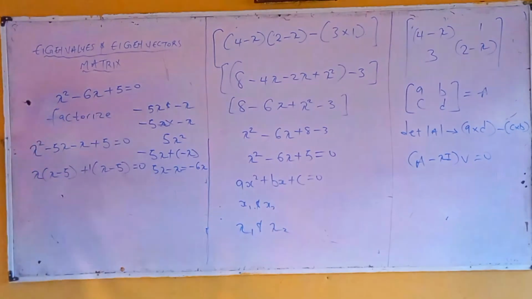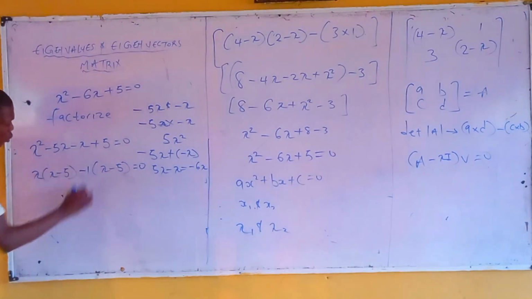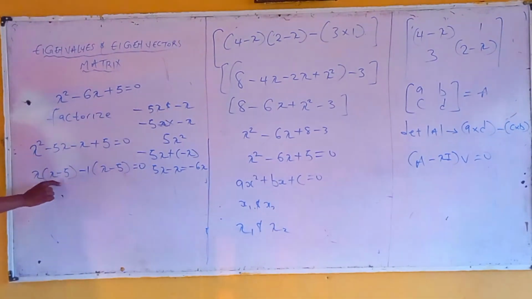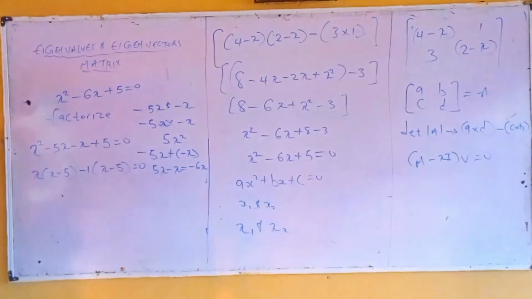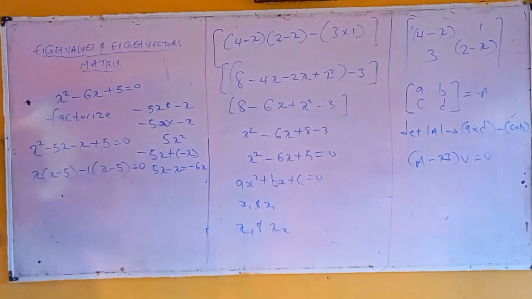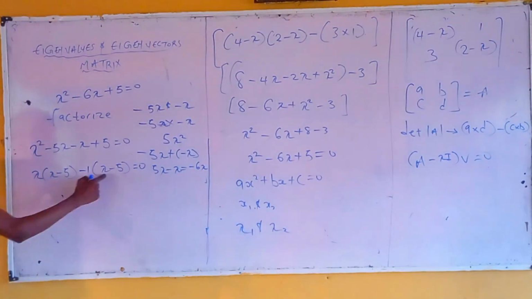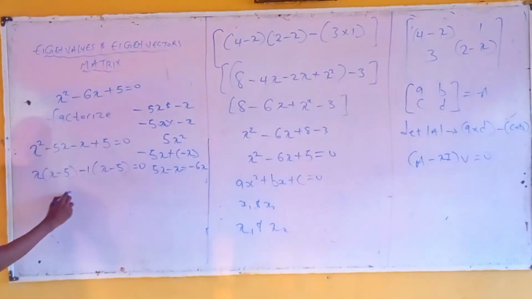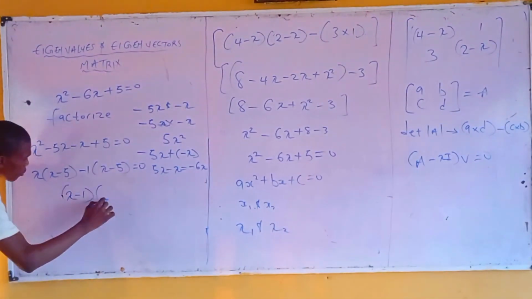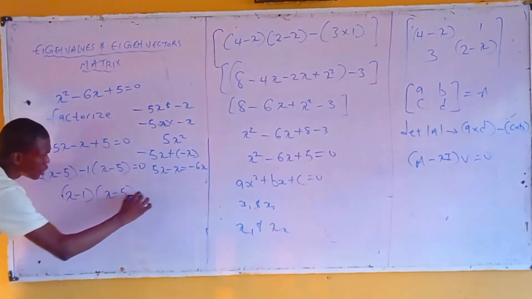Because when you open up the bracket and distribute, you get the same equation. You understand? Since these two are common, bring them together: lambda minus 1, open bracket, lambda minus 5, equals 0.